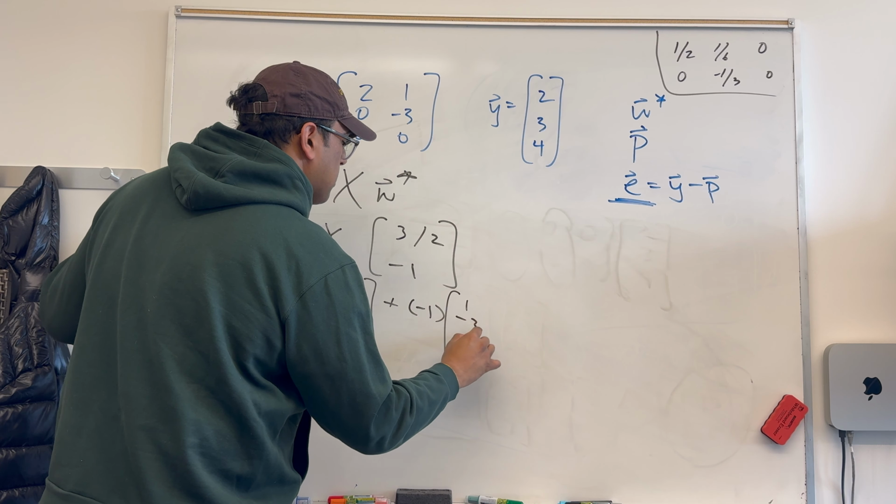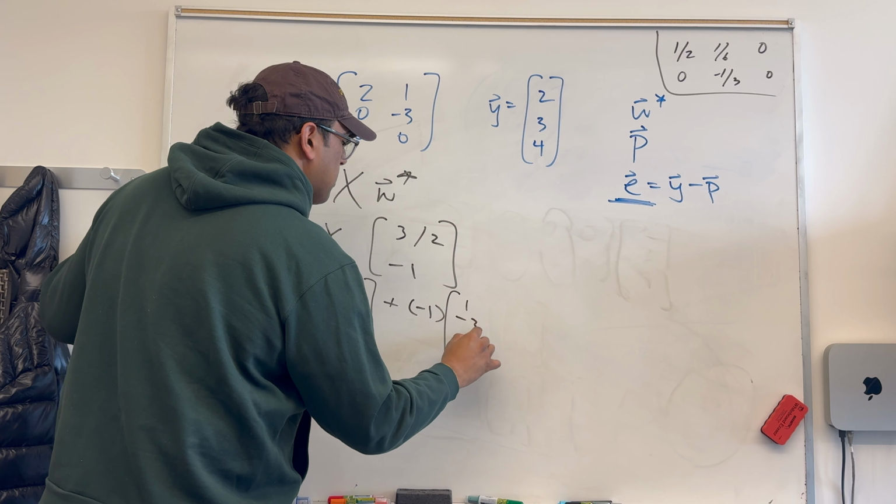That looks to me like 3, 0, 0, plus -1, 3, 0, which looks like 2, 3, 0. So this is the best vector that can be made as a linear combination of X's columns.